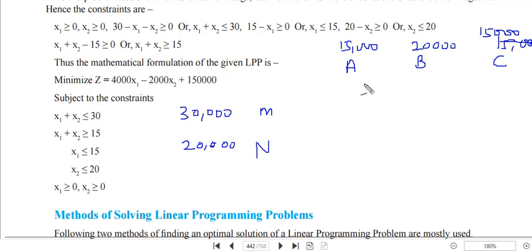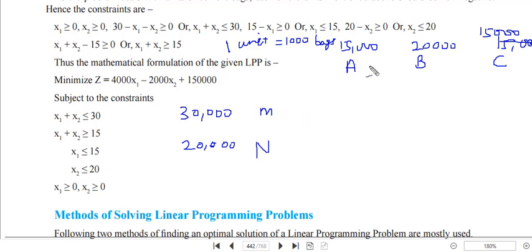So for better understanding, and to make our calculation simple, we assume that 1 unit is equal to 1,000 bags. Okay.